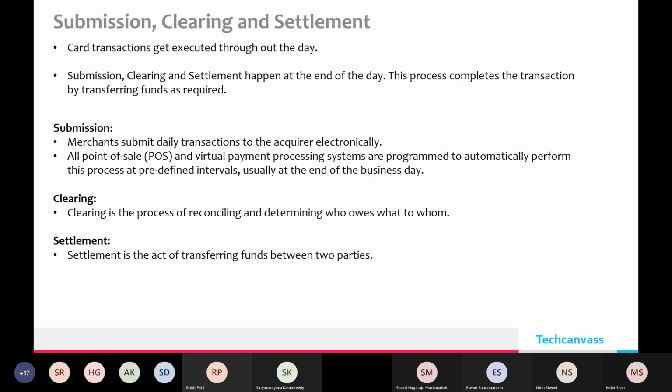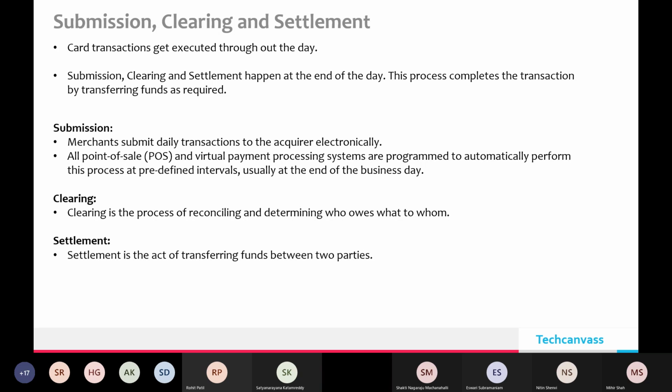Once the acquiring bank receives all the transactions, it sends them to the card network and then to the issuing bank, and the issuing bank finds out the final settlement amount that has to be paid.